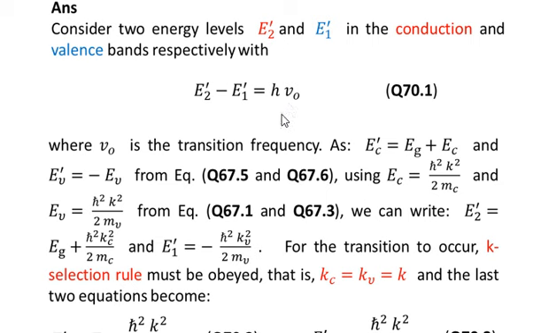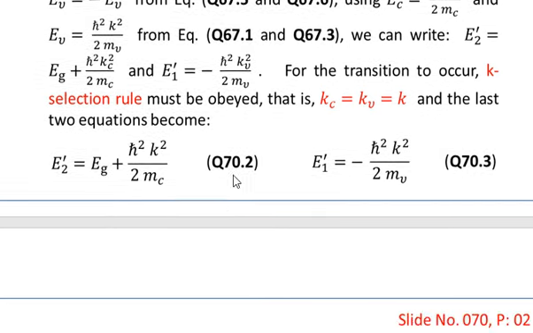To write from this equation, we are moving h nu naught on the right hand side and E2 prime minus E1 prime on the left hand side, along with the substitution of their respective values from equation number 2 and equation number 3.